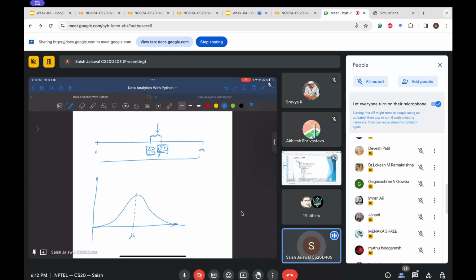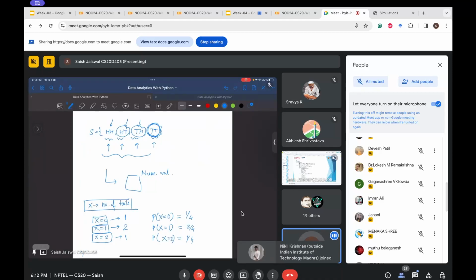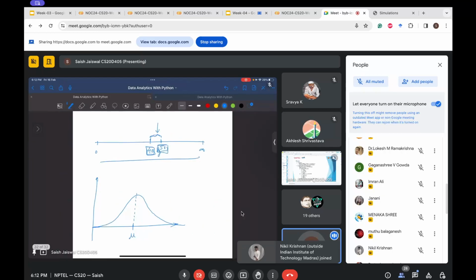Can anyone tell me, in this case we had this notion of probability for a particular random variable taking an exact value, x equal to 1. Say I have a value here, some z. So what will be the probability of z taking a certain value x, or say 49?